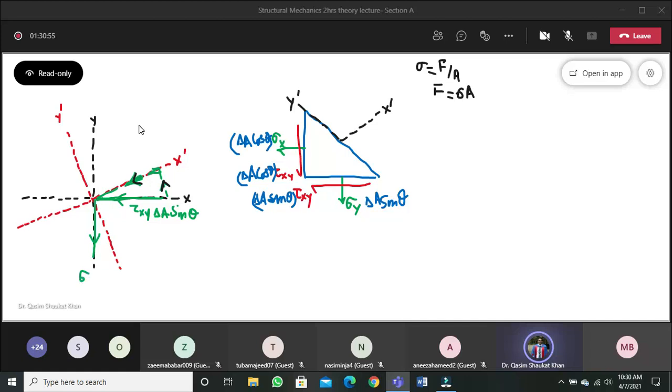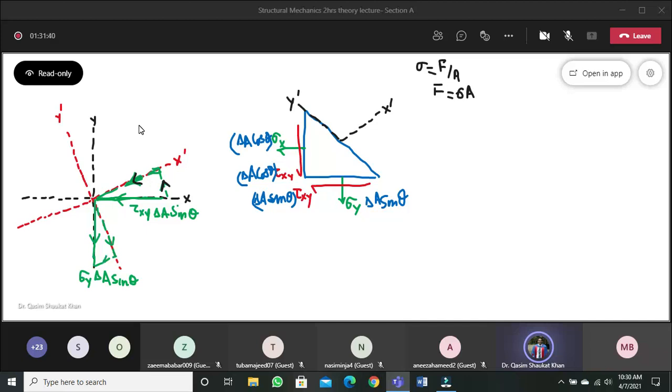So sigma y delta A sine theta, its components will be this along the y dash axis, and this component along the x dash axis.